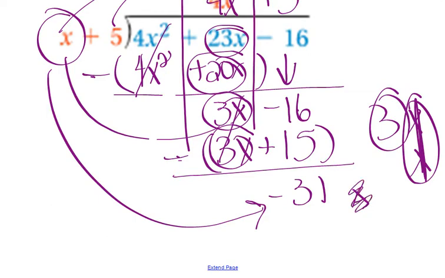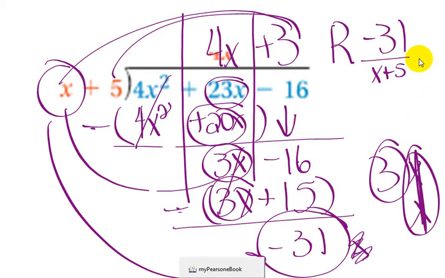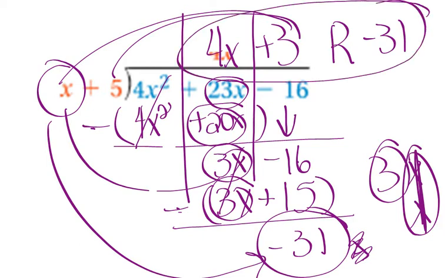So this becomes a remainder. So you're going to say remainder of negative 31. You will also see the remainder written like this, negative 31 over x plus 5. I think I remember they did that in Algebra 1. So far in the book, I've not seen them show the remainder like that. They're showing it like this. So your answer is 4x plus 3 with a remainder of negative 31.